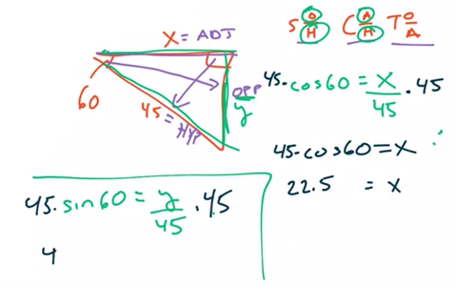And in essence, what you realize is that if you want the up-down, or the vertical, or the y, you use sine and multiply sine of the angle by the hypotenuse. And if you want the x, or the horizontal, you multiply by cosine.